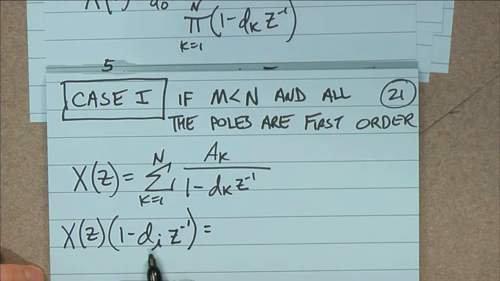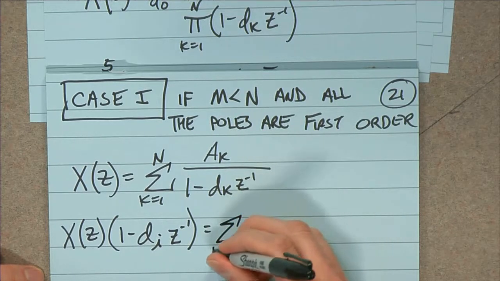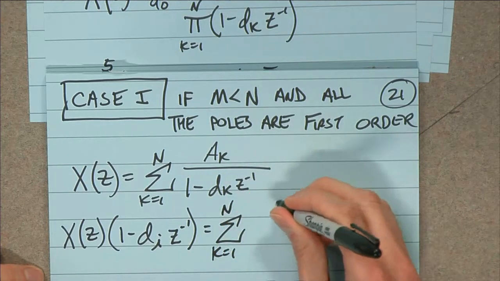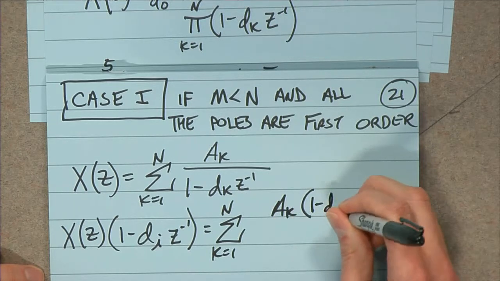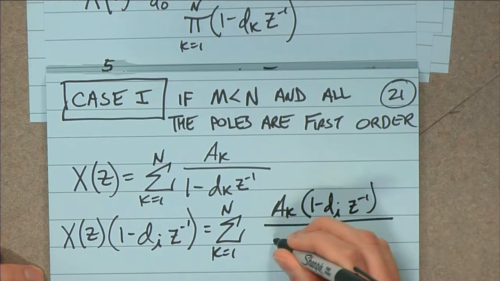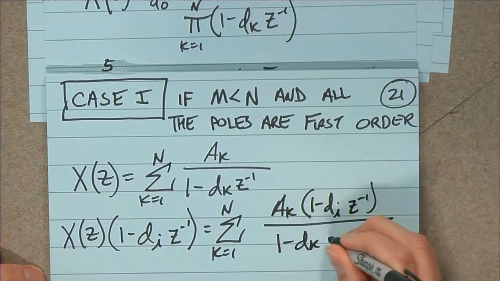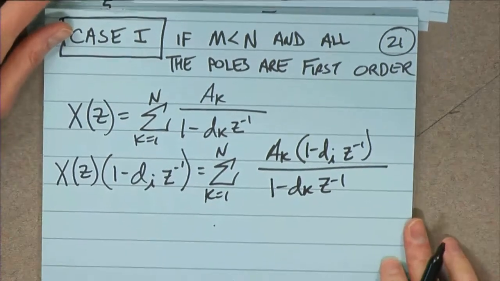I have to do it for the other side too. So we have A sub k times 1 minus d sub i z inverse, and we end up with a summation like that.